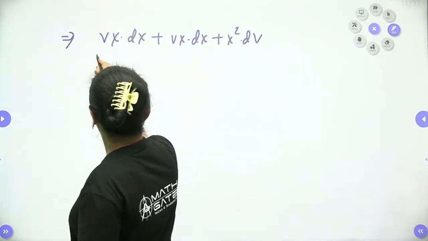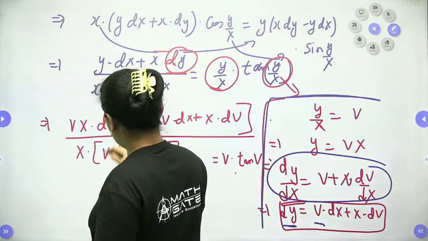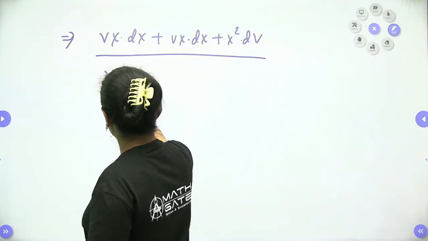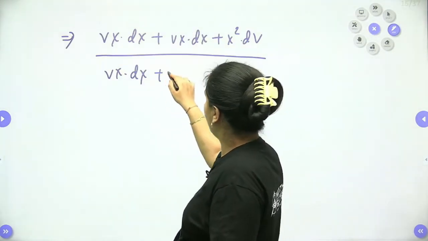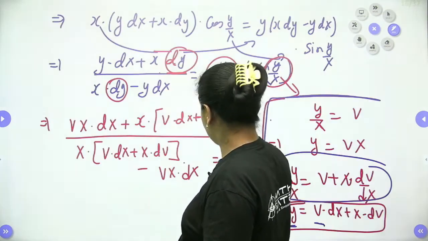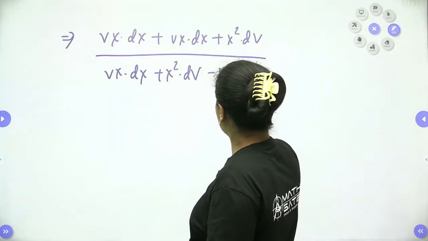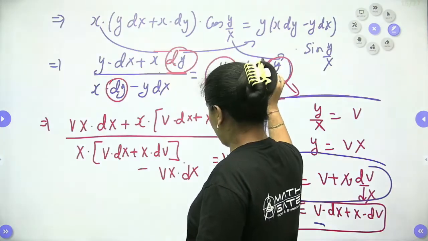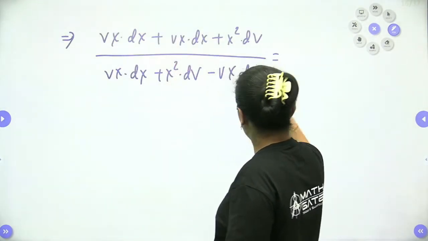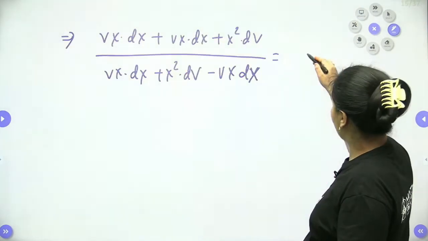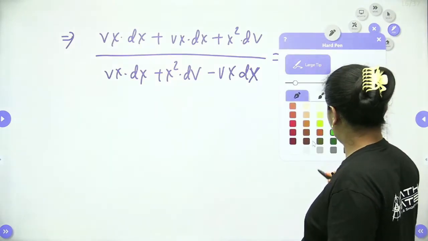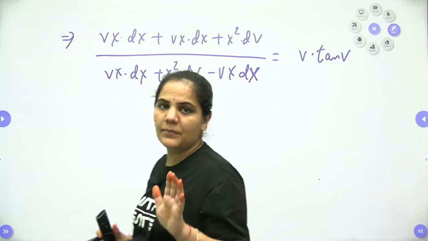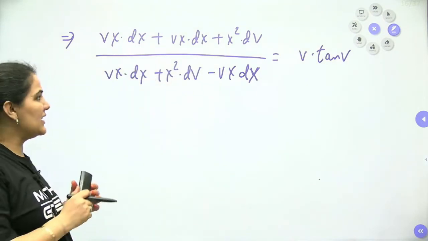Here we have vx dx plus x square dv, and minus vx dx, and on the other side we have v into tan v. So this is my question, my dear students. Now we can approach the question in the easiest manner.